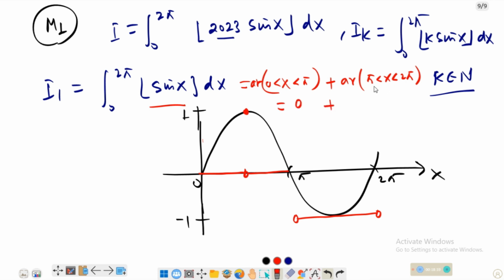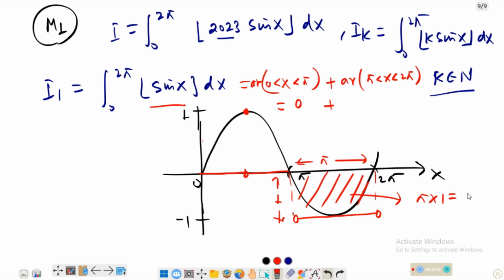When x is from pi to 2 pi, this area has length pi and height 1, so pi into 1 is equal to pi.